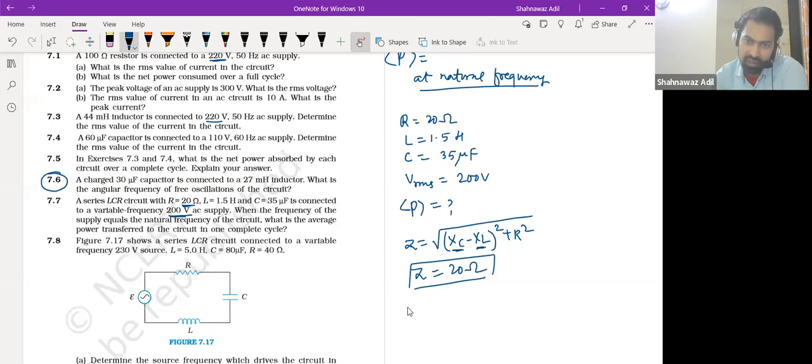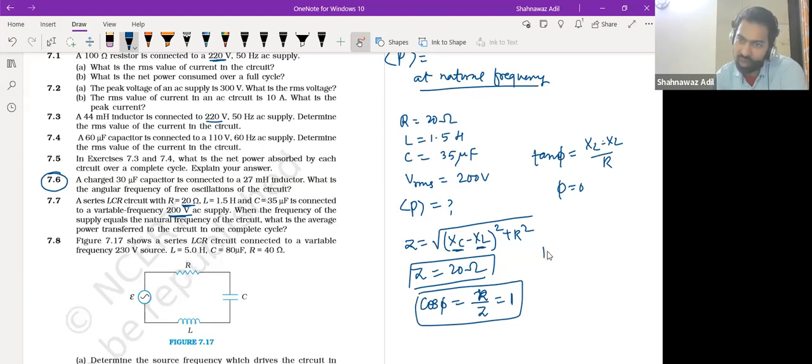And then average power would be, so cos phi is R by Z, right? And this would be 1, right? Because our phase difference, tan phi, is XC minus XL by R, this is 0. So phi would be 0. So cos phi would be 1.